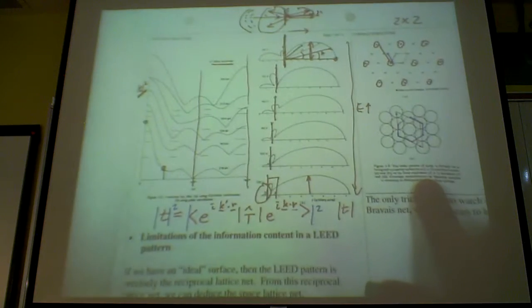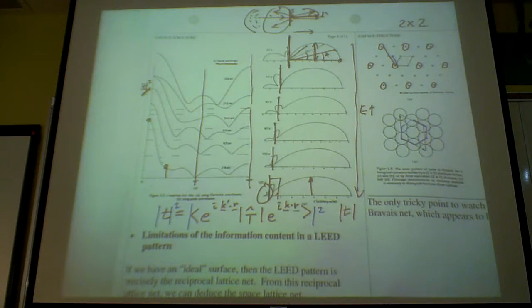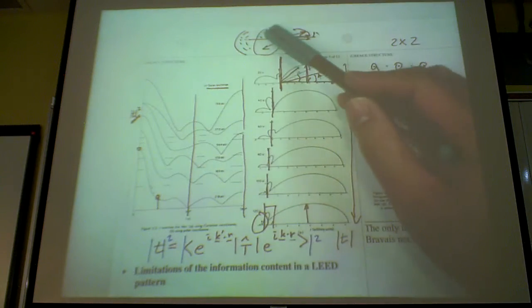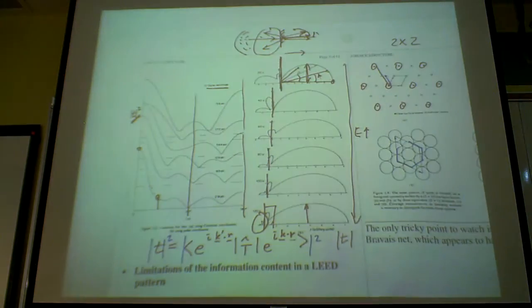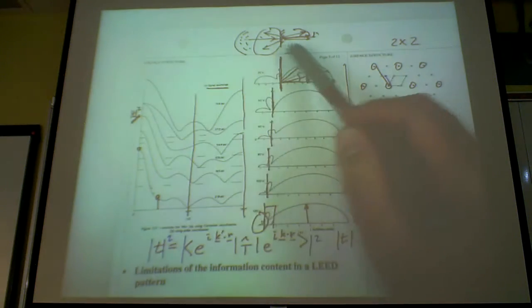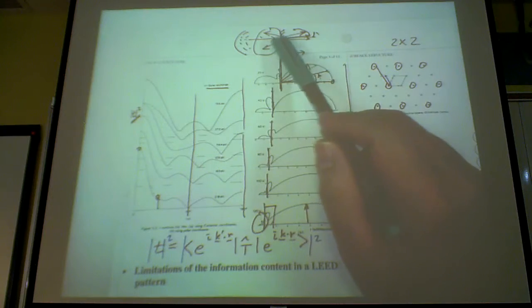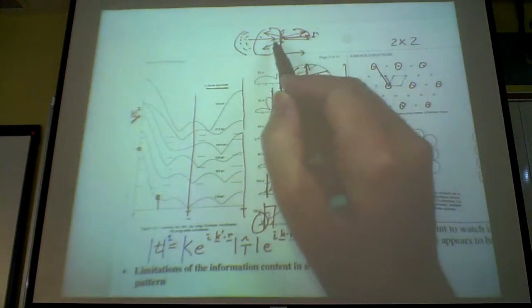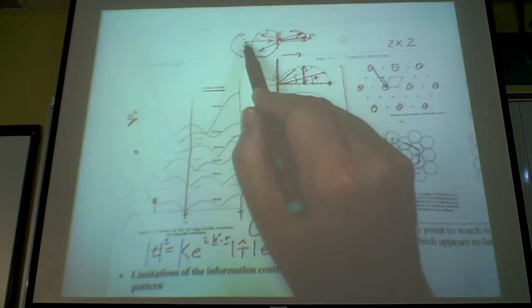Now, in addition, just to complicate things, you can measure the angular distribution of this electron beam, and you can measure the kinetic energy of this scattering cross section, right? So let's say I have an electron beam.